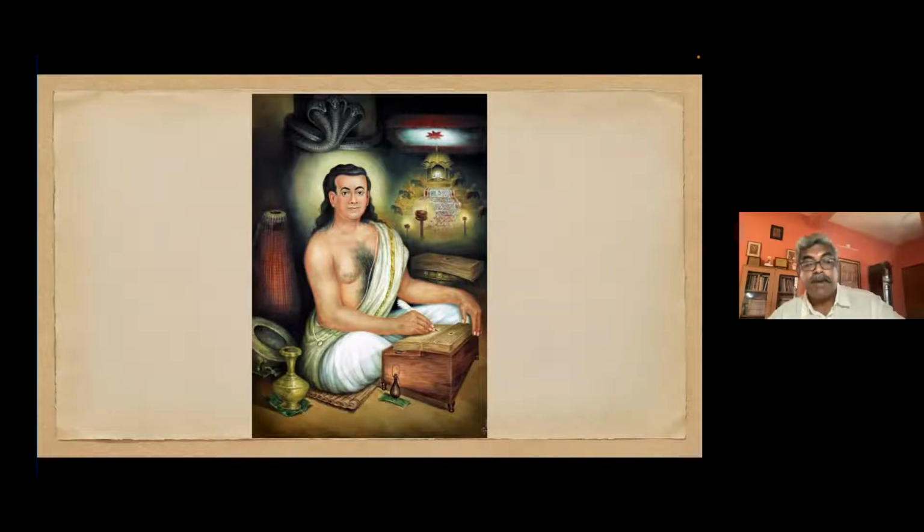And the primary mode of worship for them is not just the image of Lord Krishna, but the Srimad Bhagavata Purana, which was compiled by him. And he established a series of satras across Assam. Among them, there are about 22 satras in Majuli Island alone.